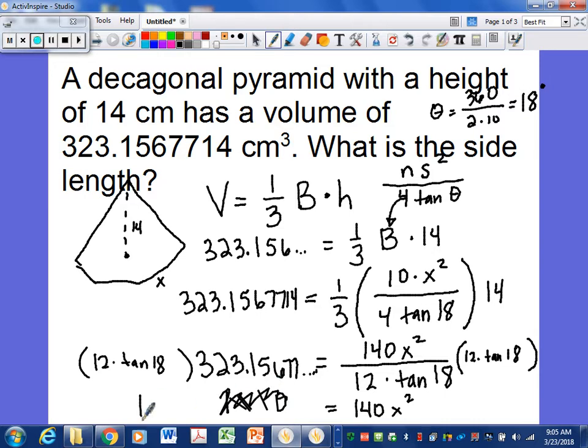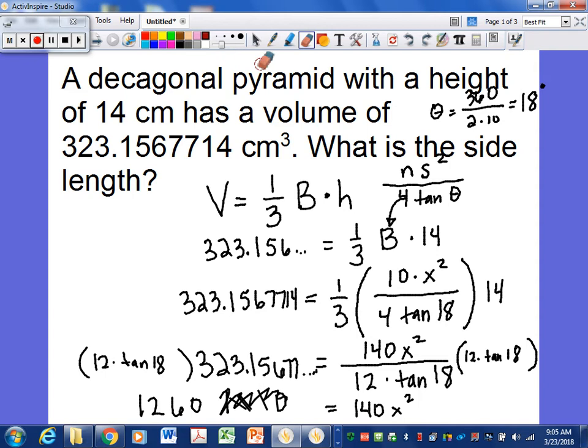Like I said, 1260. Then we're going to divide both sides by 140, and I'm quickly running out of room, so let me make some by erasing my drawing. So I'm going to divide both sides by 140.